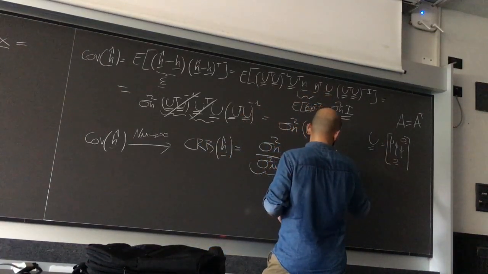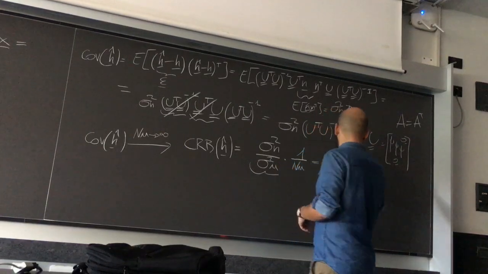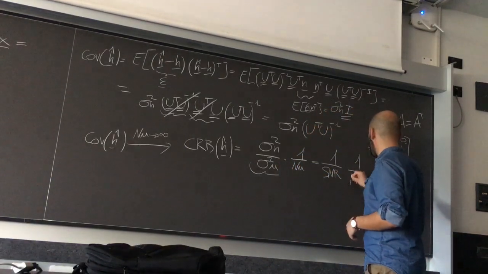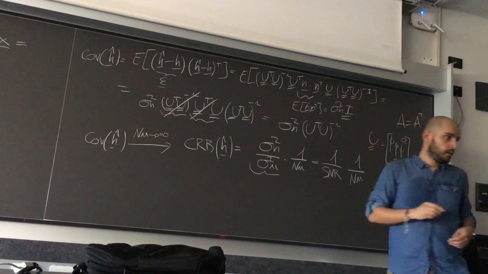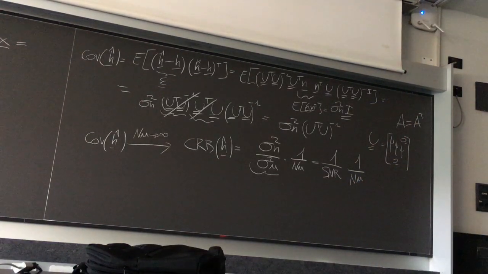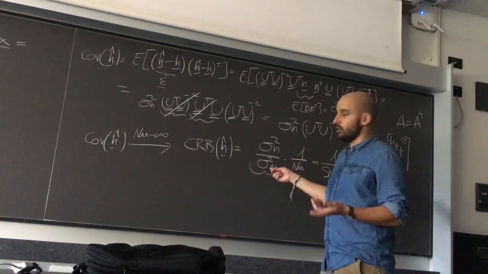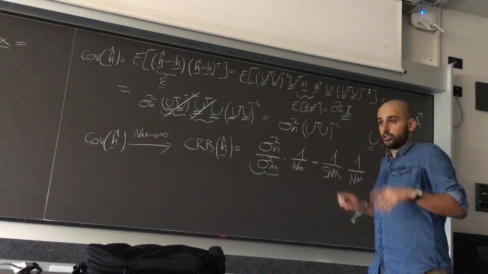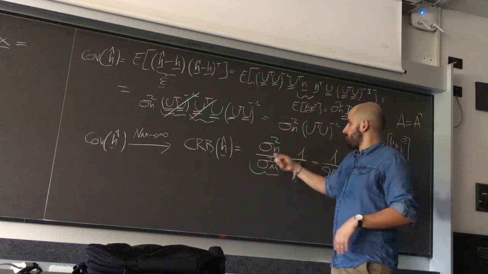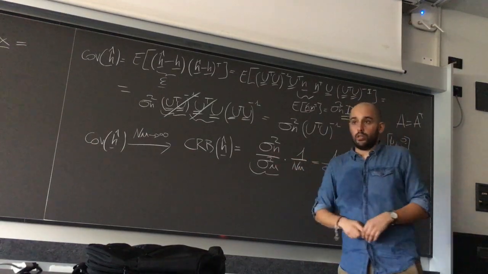So this is 1 over SNR, 1 over N_u. Because u is the signal, the training signal is your a priori knowledge, let's say, and then you have the noise.